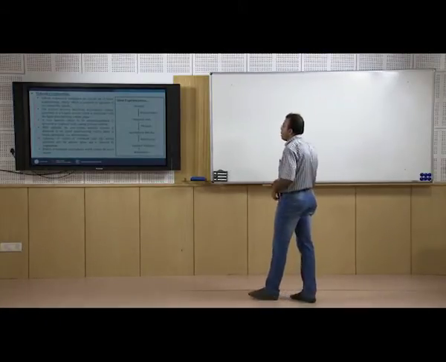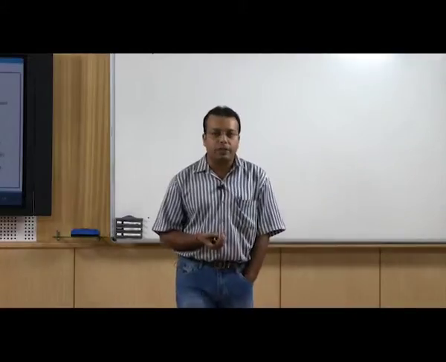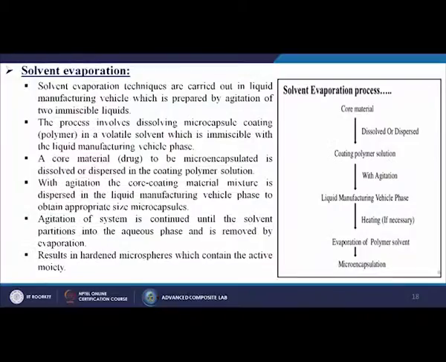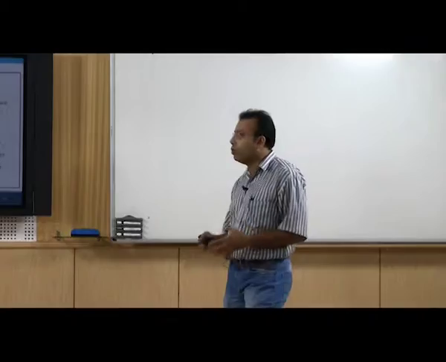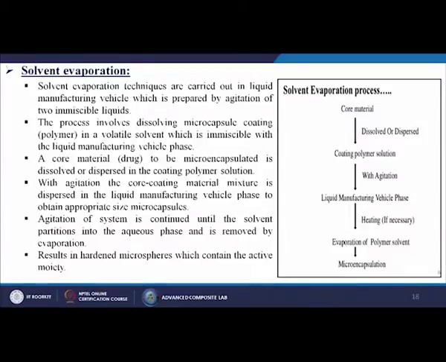Next one is called the solvent evaporation method. It is also one kind of microencapsulation technique. What is this technique telling us? It is a technique carried out in a liquid manufacturing vehicle, which is prepared by agitation of two immiscible liquids. So, simply two liquids which do not mix properly, we can take for this particular purpose. The process involves dissolving the microcapsule coating polymer in a volatile solvent which is immiscible with the liquid manufacturing vehicle phase.